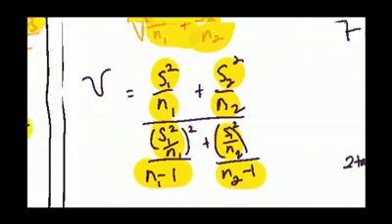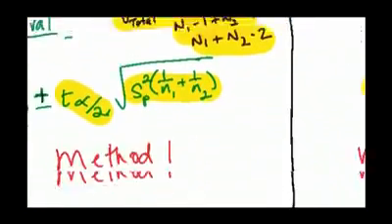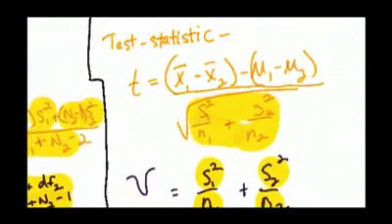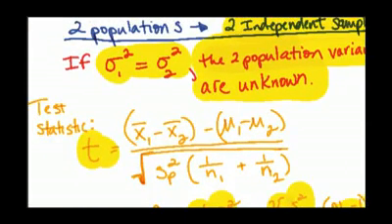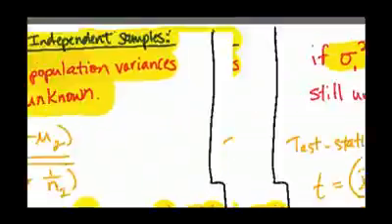So this is again for two independent populations with two independent samples, and we need to know if the variances are equal or not equal.